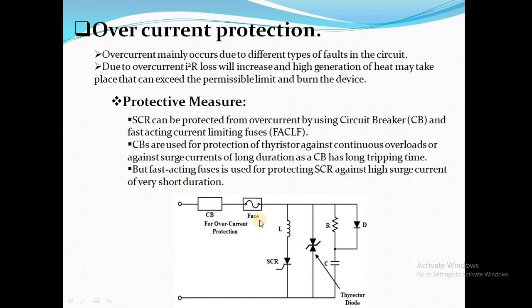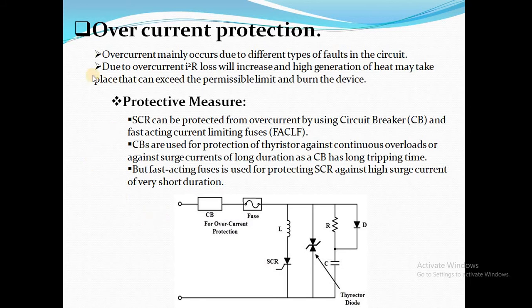Or if the current is very sensitive and it is not possible for the circuit breaker to sense it, then the fast acting fuse wire will sense that current and automatically blow off. Once the fuse wire blows off, there is an open circuit here, so there is no path for current to flow. Thus the SCR gets protected from overcurrent or high surge current during a very short duration.